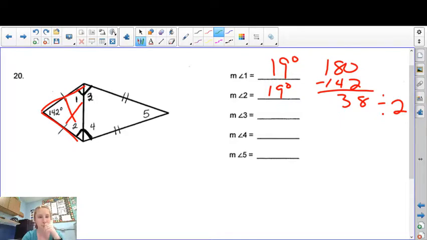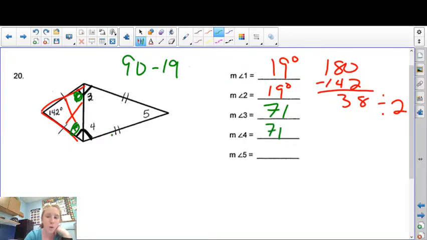Well, if this little piece over here is 19, then I have 90 minus 19, which gives me 71. And again, since this is 19, this is 90 minus 19, which also gives me 71. Or I could have approached, hey, this side is equal, this side is equal, the sides across must be equal.